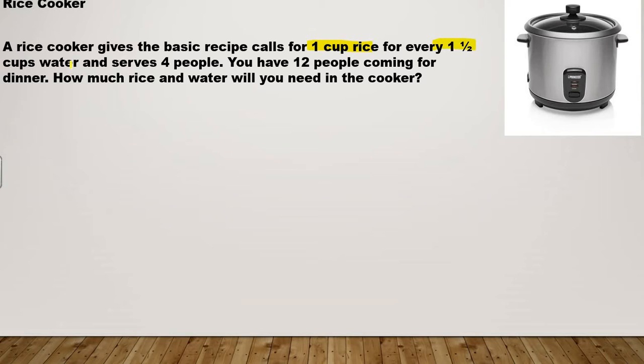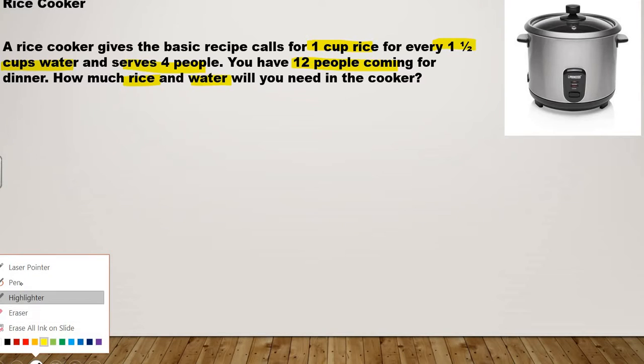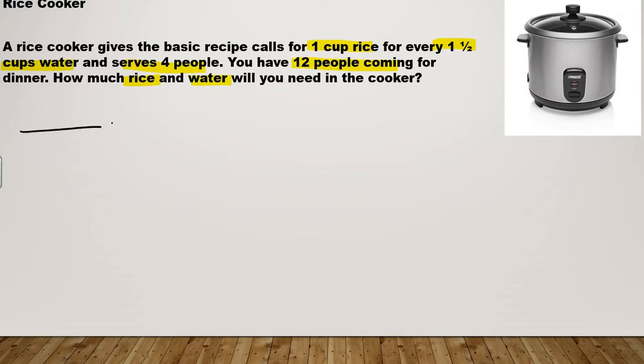Here's your basic recipe. We have 12 people coming for dinner. How much rice and water? First off, here's a fancy word for something you already know. A concentration is the amount of stuff per an amount of usually a liquid.